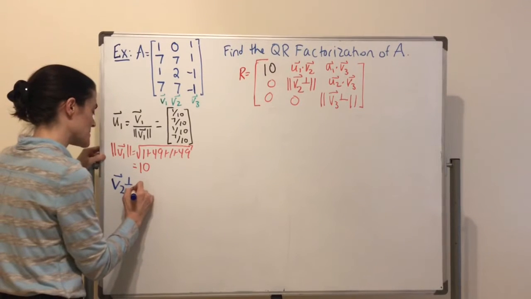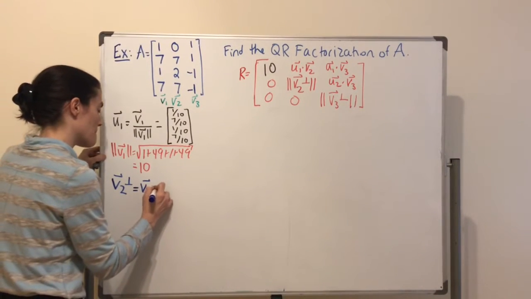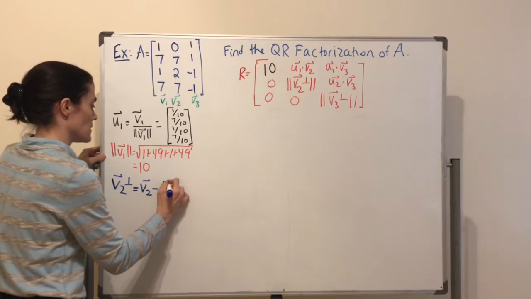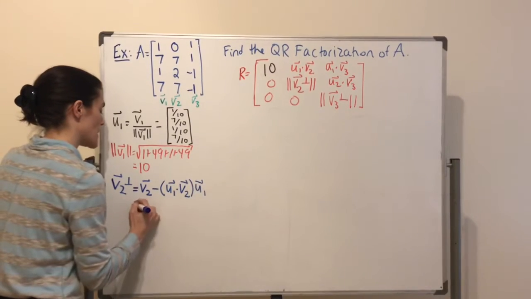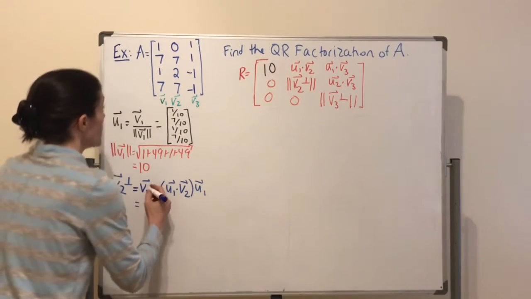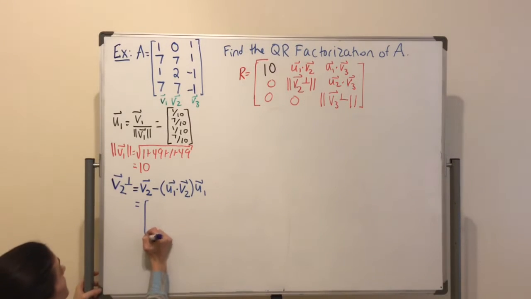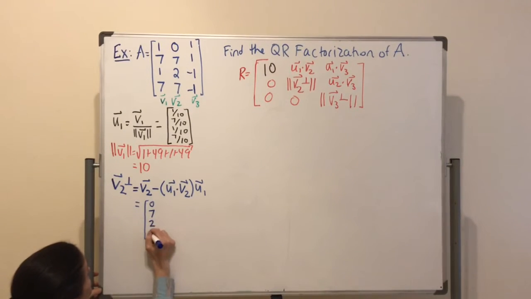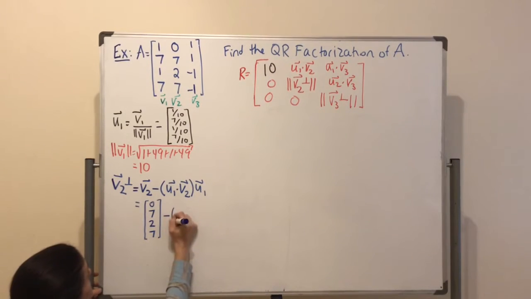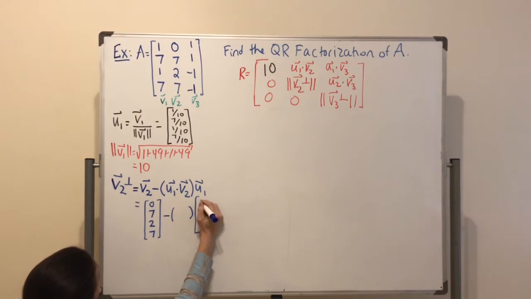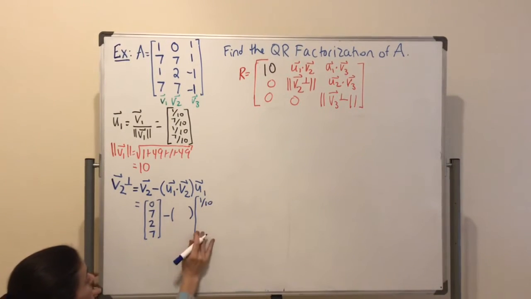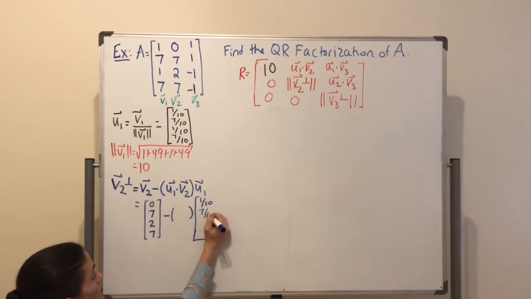And we can compute this. It's going to be V2 minus U1 dot V2 U1. Okay, so let's do that here. Well, V2 is 0, 7, 2, 7 minus a dot product, and then U1 is 1 over 10, 7 over 10, 1 over 10, 7 over 10.